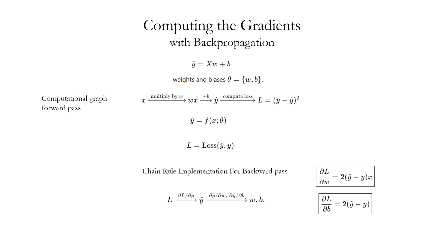And those are the two derivatives, right? The loss with respect to w and then the loss with respect to b. We see 2 times y hat minus y times x for the w, and then for b, it's 2 times y hat minus y. And we're going to see this and implement this in Python in a simple example later on.